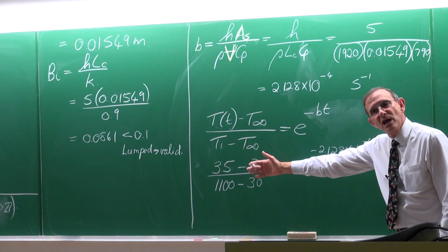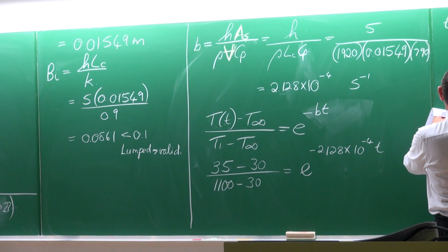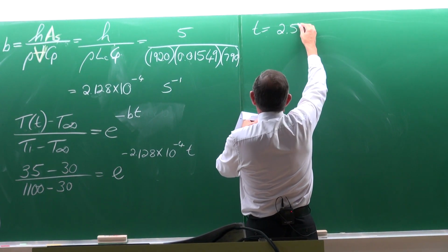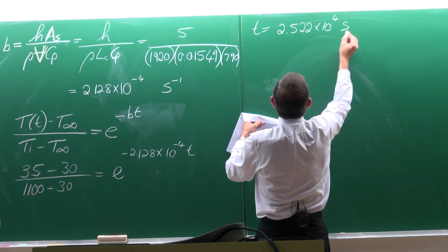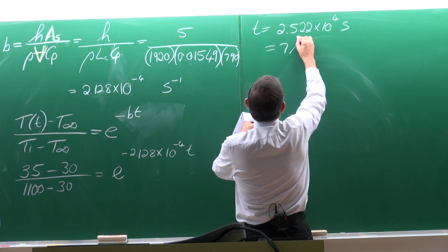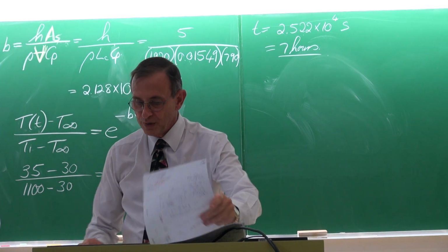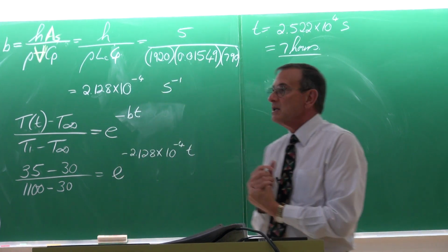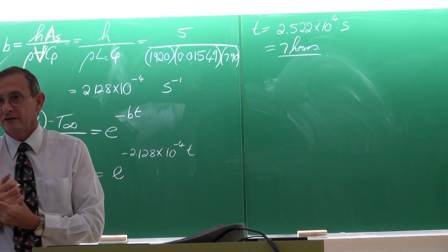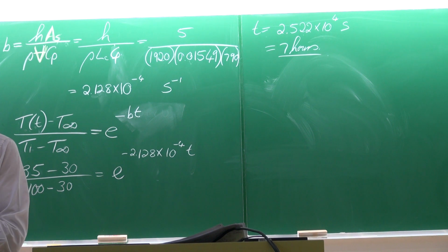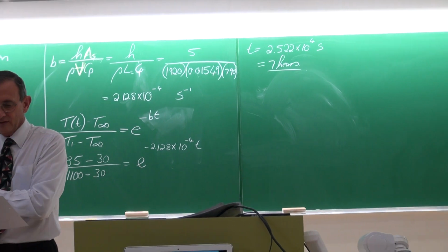You know you need to take the ln to get rid of it, and then you can solve that the time is equal to 2.522 multiplied by 10 to the 4 seconds, and that is equal to 7 hours. So it will take 7 hours for the brick's temperature to decrease from 1100 degrees Celsius to 35. Simple? Okay, there's not going to be much simpler in this course than this part of the work.